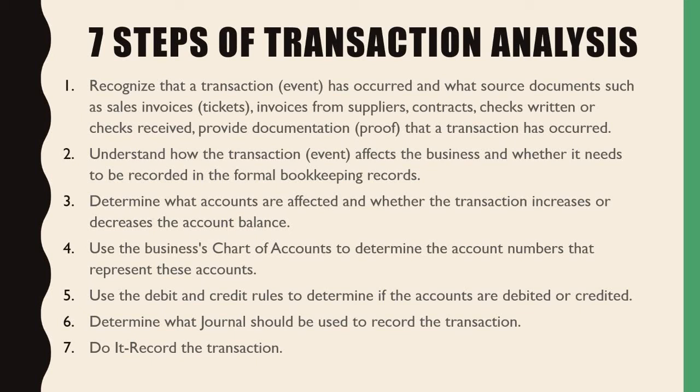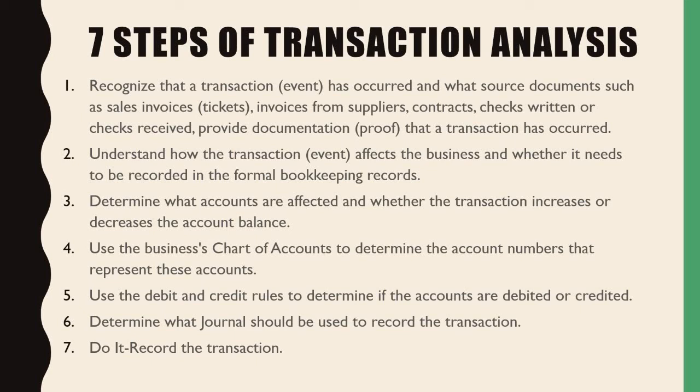First things first is you need to have proof that a transaction has occurred. What kind of source documents those could be would be a receipt, right? A contract, an invoice, a bill. Those are all proof that a transaction has occurred, okay? That's the very, very first thing.